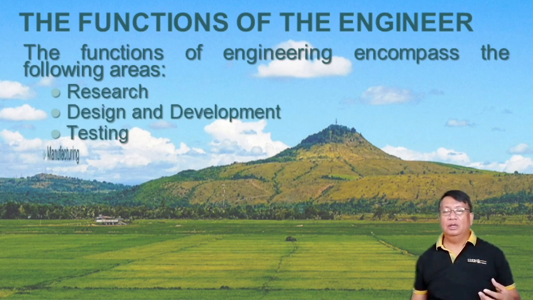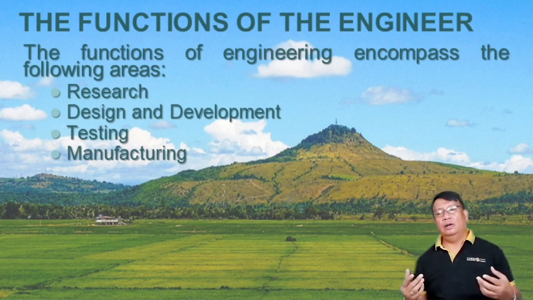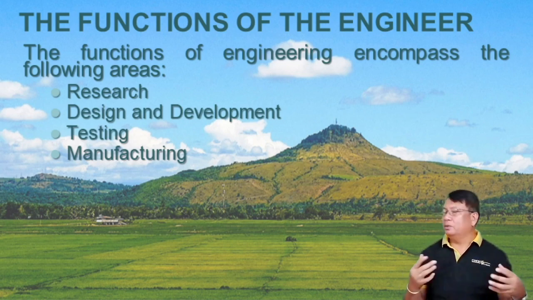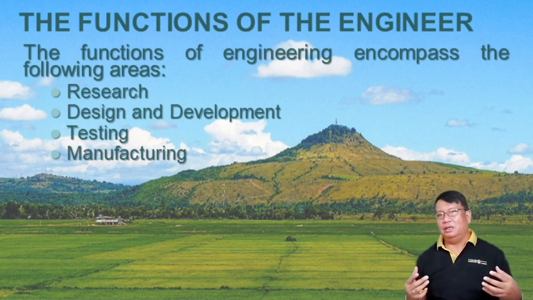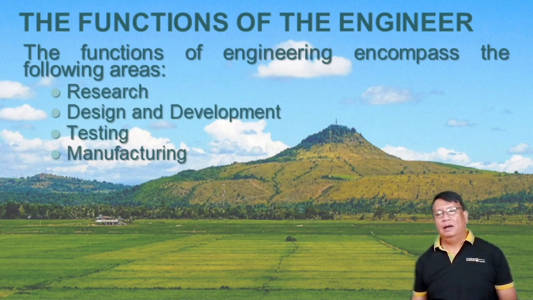Okay, so next we have manufacturing. So if everything is done, testing is done, we have all this design, then try to manufacture, to produce, to reproduce. And after manufacturing, which is one of our fields, then we have construction, for example.